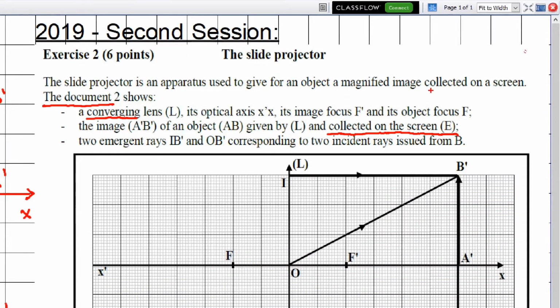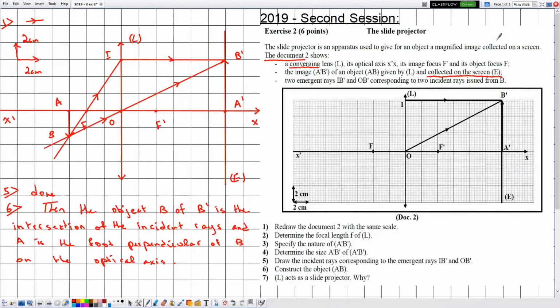So collected on screen means it is real, and magnified means it's larger in size. And by this, whenever the image is real and larger in size, then the lens L plays the role of a slide projector. So notice that here in number 3 we have determined the nature which is real.